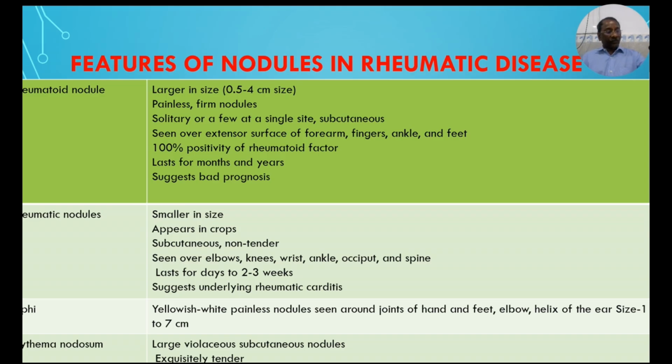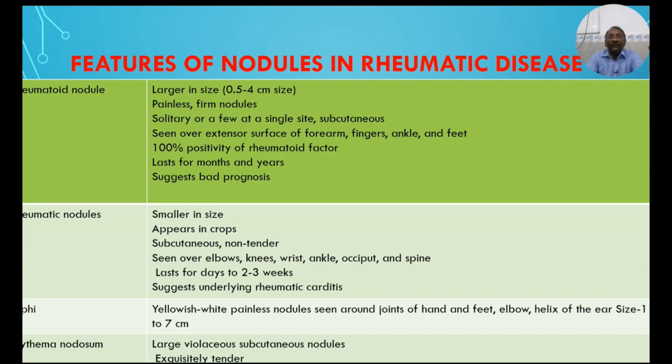Rheumatoid nodule and rheumatic nodule. Nowadays we are seeing a lot of rheumatoid nodules, not the rheumatic nodules. See, the rheumatoid nodule is larger, about half to 4 centimeters in size.